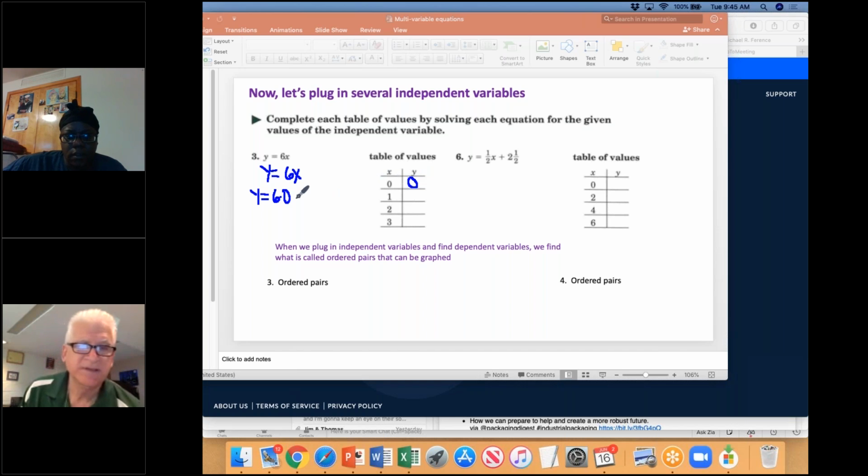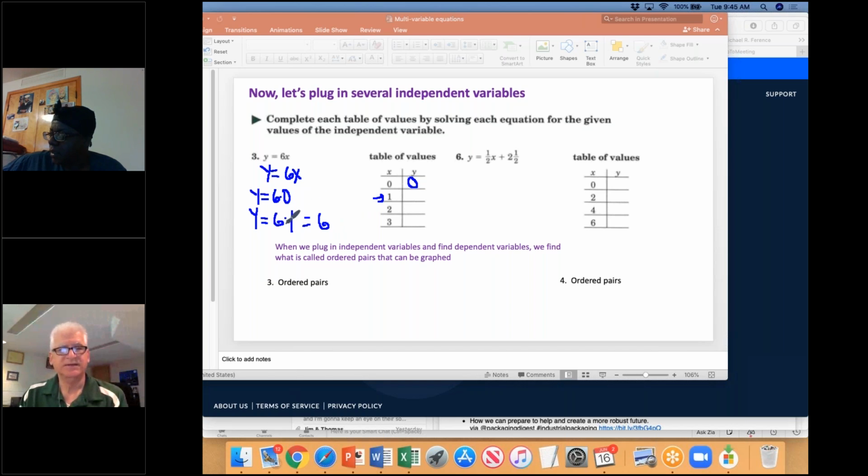Next, we're going to plug in this 1. y equals 6 times 1, which is 6.